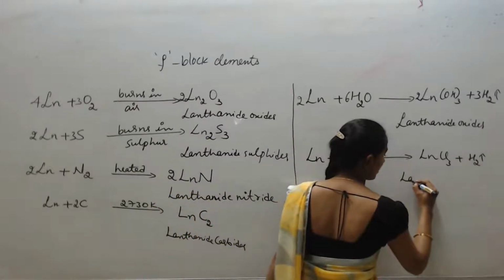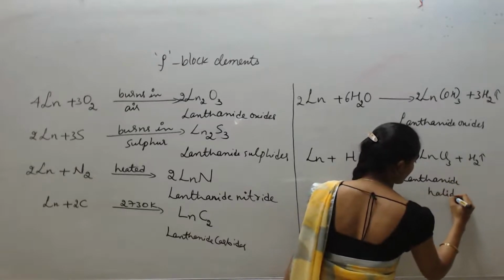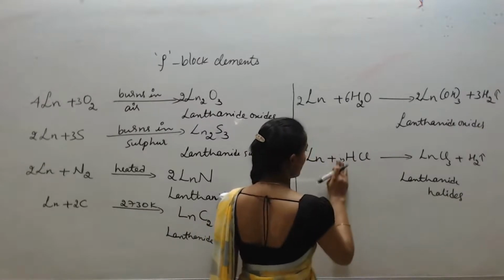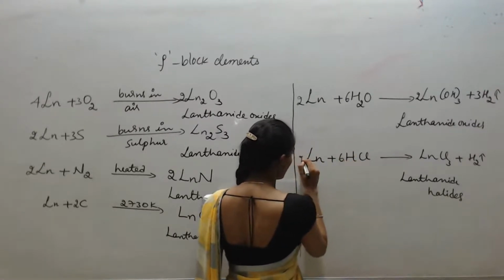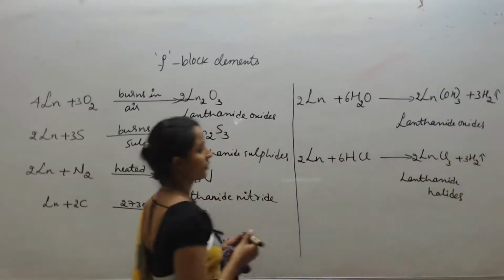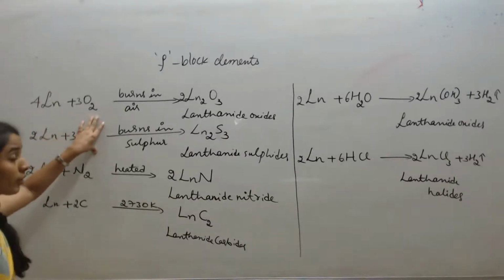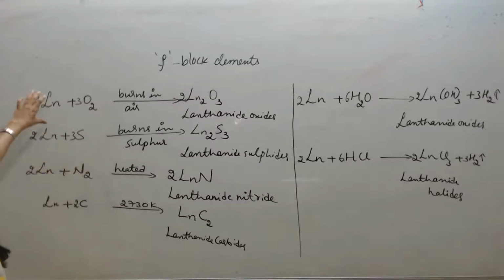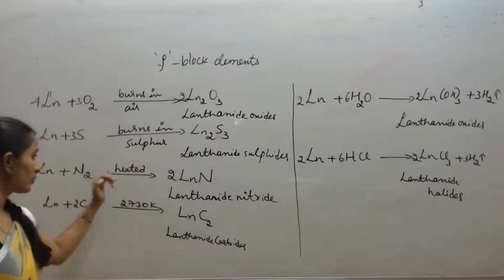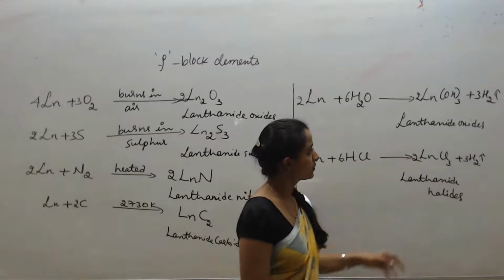So these are lanthanide halides. This is the chemical reaction, students: 2Ln plus 6HCl gives 2LnCl3 plus 3H2. This is the balanced chemical reaction, and these are the chemical properties of lanthanides. When lanthanide reacts with oxygen, it forms oxide; sulfur means sulfide, nitrogen means nitride, carbon means carbide, water means hydroxide.